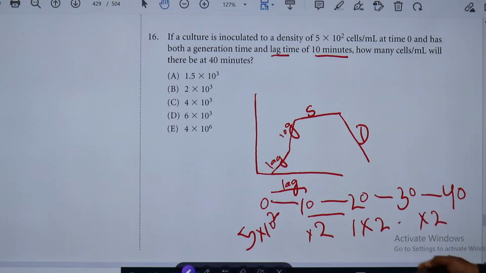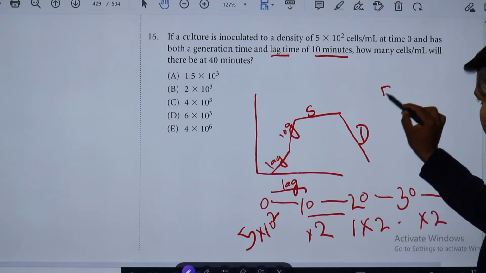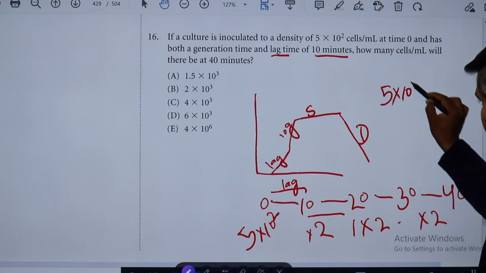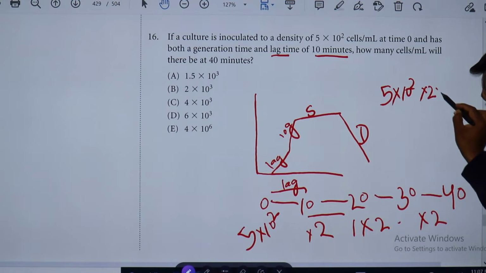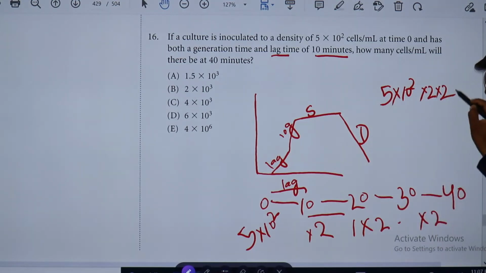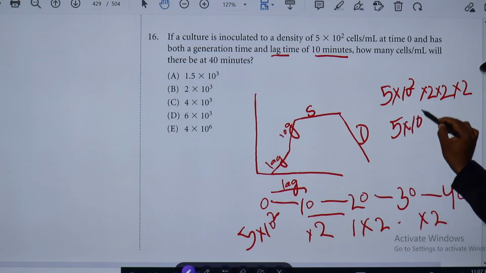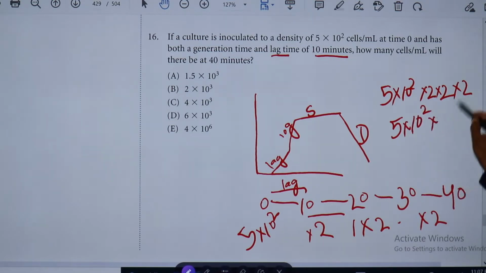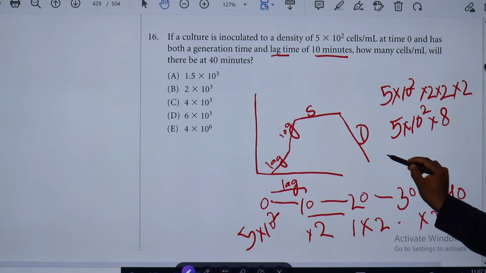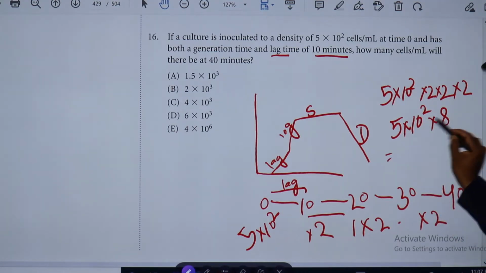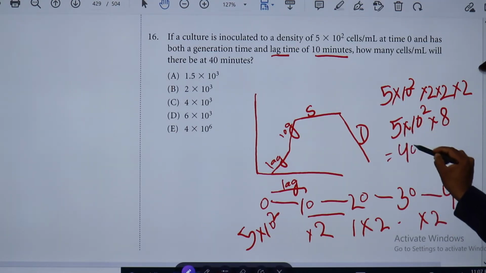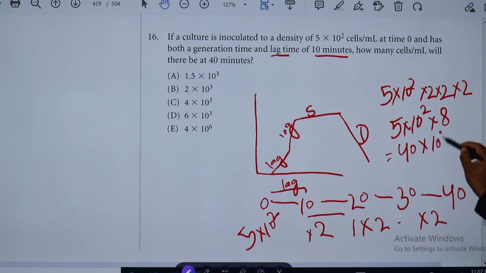So your net is 5 into 10 to the power 2 into 2 into 2 into 2. That is 5 into 10 to the power 2 into 2 cubed, which is 8. 5 times 8 is 40. So 40 into 10 to the power 2. This is your answer.